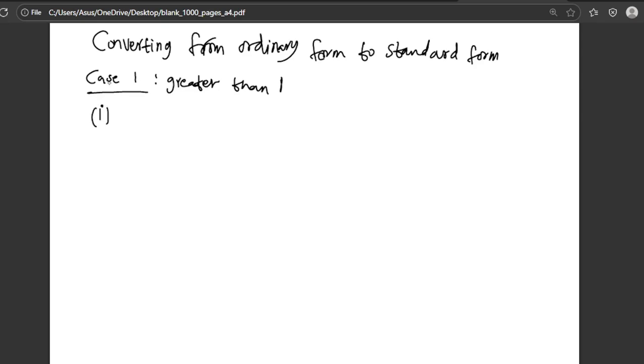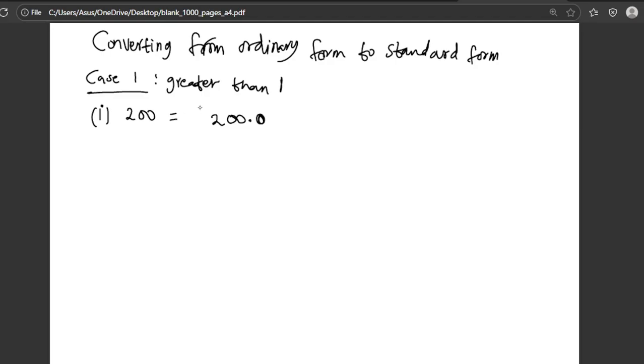And the first one we have here is 200. What do we do? Remember that 200 is 200.0, right? So all we do is put the decimal point back to the left. Remember, we're only reversing what we did.